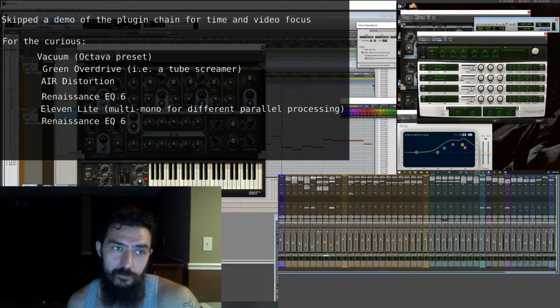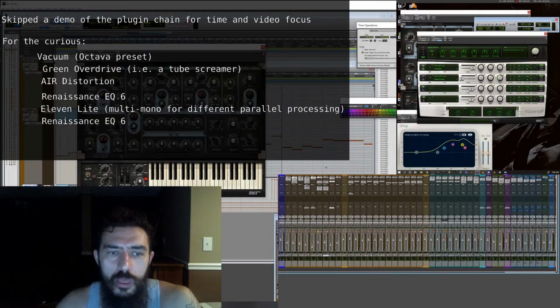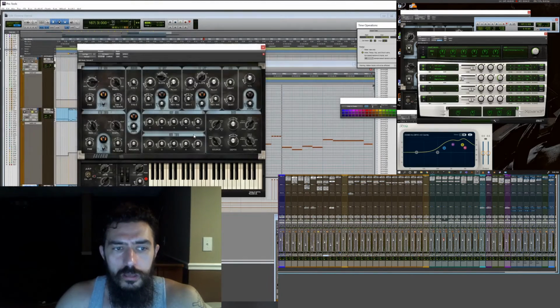The reason it's important that I'm using Vacuum is that, at least to my understanding, it is a synth, but it's really a replication of a monophonic synth.